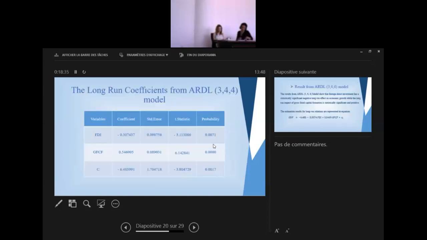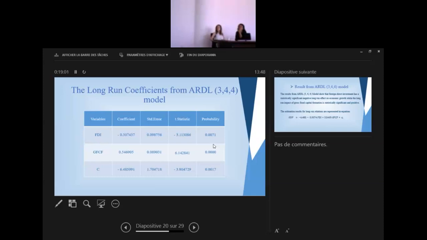So let's come to the long-run coefficient. Here, this is the autoregressive distributed lag model. As you can see in the table, the coefficient of foreign direct investment is significant because the probability is less than 0.05, and the coefficient is minus 0.3 and something like that.